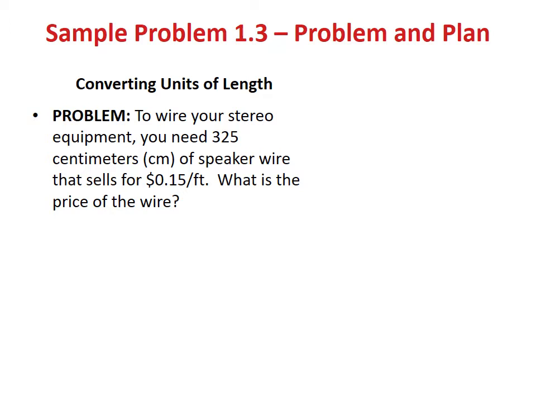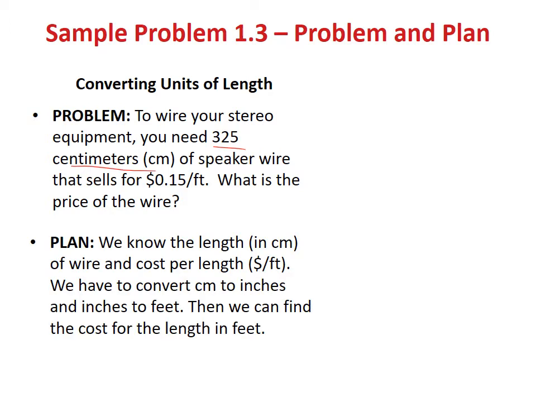To wire your stereo equipment, you need 325 centimeters of speaker wire that sells for 15 cents per foot. What is the price of the wire? First you need to identify what the knowns and unknowns are and what the goal of this problem is. One known is the length, 325 centimeters.